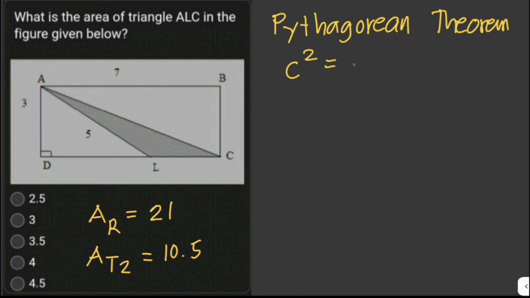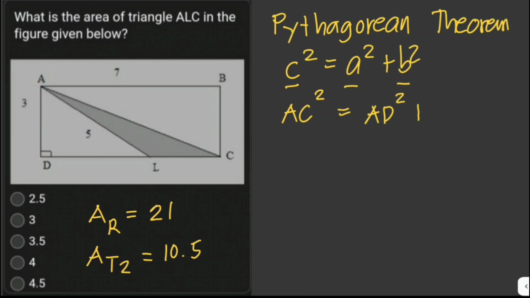That is c squared equals a squared plus b squared. C here is the longest side, or the hypotenuse, and A and B are the two legs. So our C here is side AC, which is equal to 5. So that is AC squared equals AD squared plus DL squared, and the value of AC is just equal to 5, and then AD is 3.